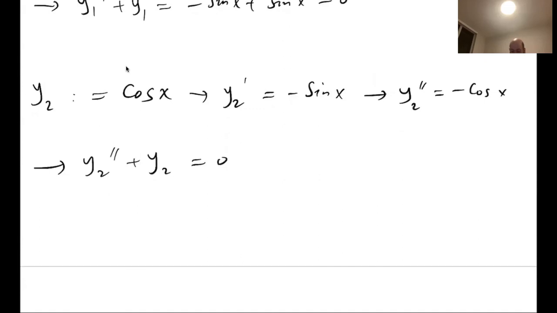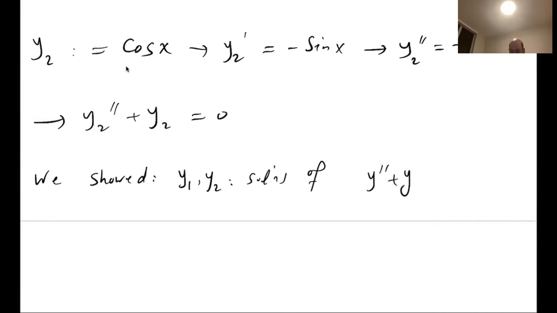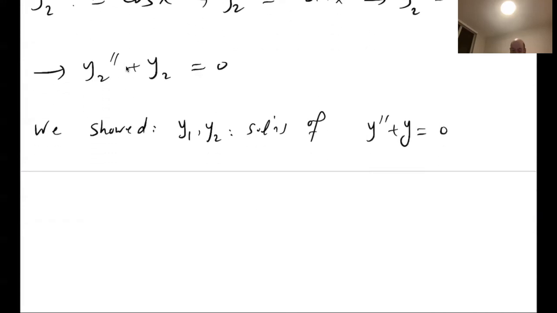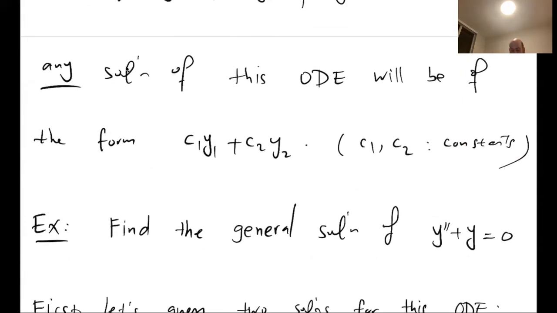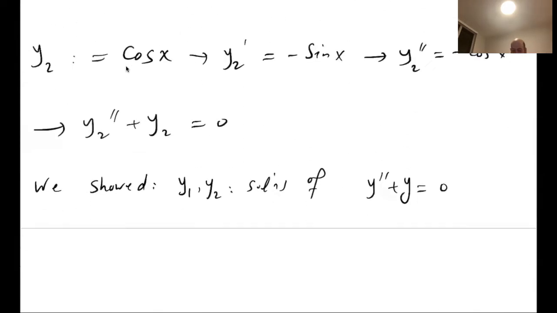So we showed that y1 and y2 are solutions of y double prime plus y equals 0. And now if I can verify that these are linearly independent, then the theorem above will tell me that any solution of this ODE will be of the form C1 y1 plus C2 y2.